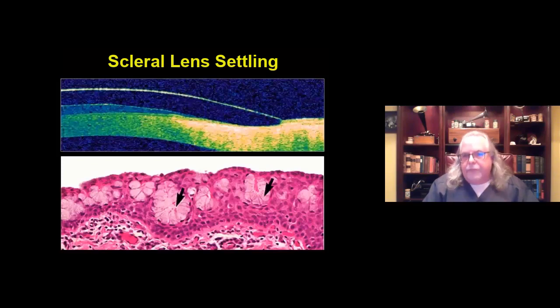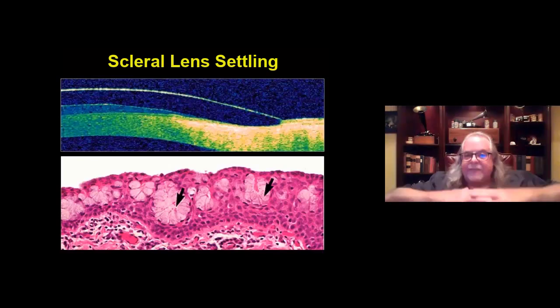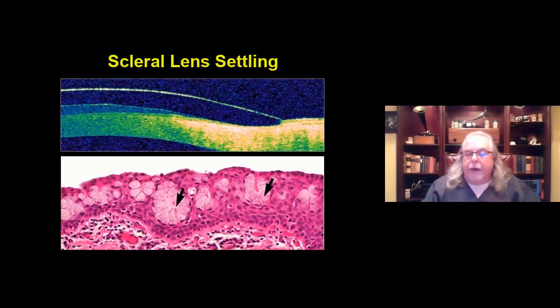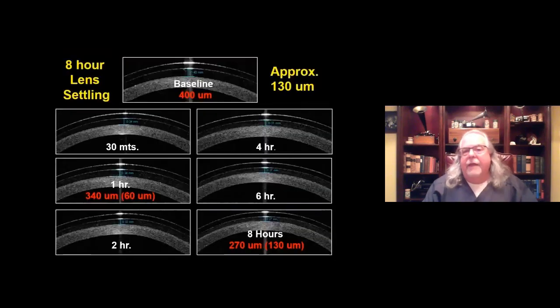Now, the reason for the excessive amount of clearance, call it 300 microns, is the fact that these lenses are going to settle in. They're going to sink in to the bulbar conjunctiva. And while they're sinking in, they're compressing these rather enormous goblet cells that we see here. And all of this is resulting in a settling effect of the lens that today we estimate to be around 130 microns.